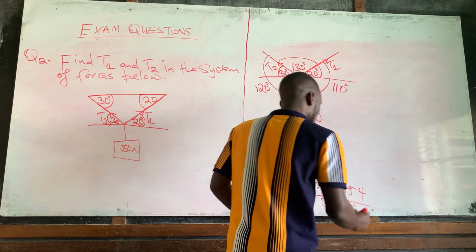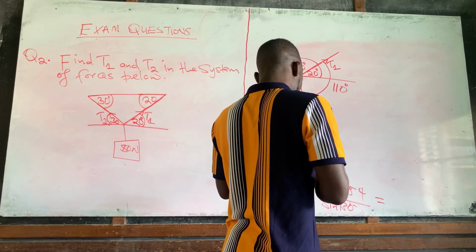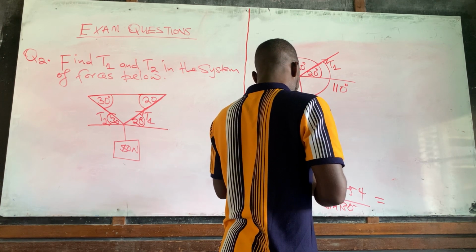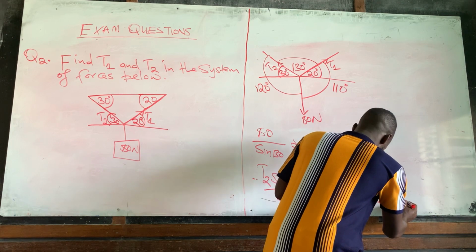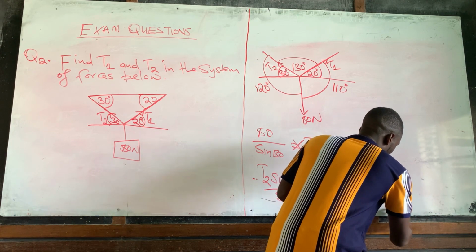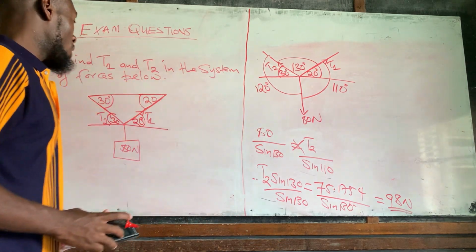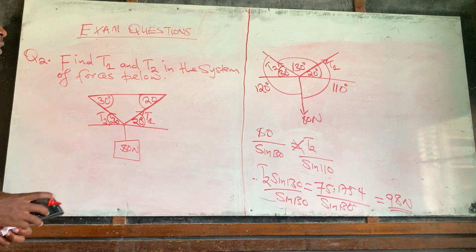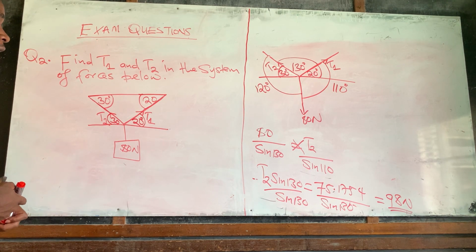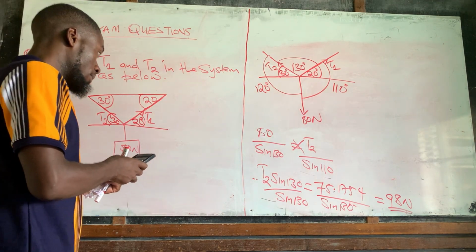So meaning T2 here will be equal to 9.8 newtons there. It will be 9.8 newtons there. Okay? So meaning those were the two answers there. So I have 9.8 newtons and the other one is 8 newtons there.